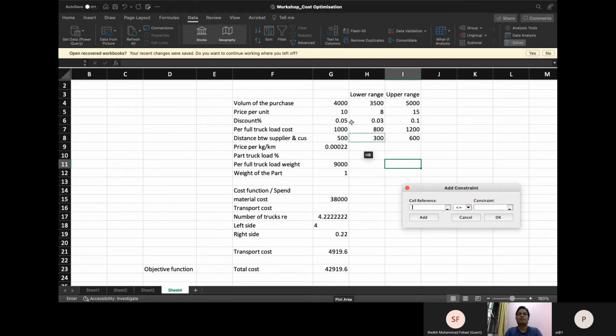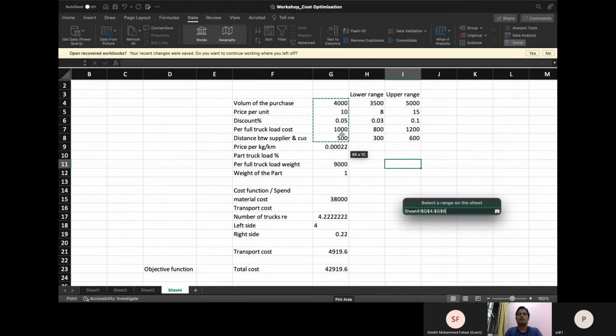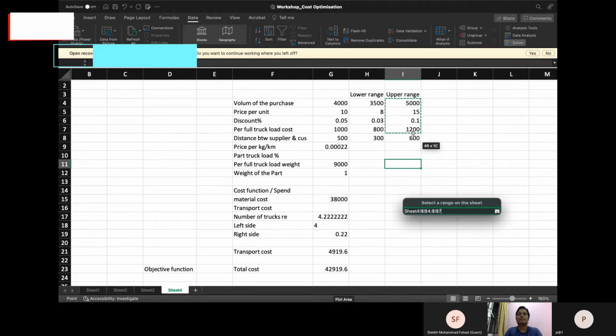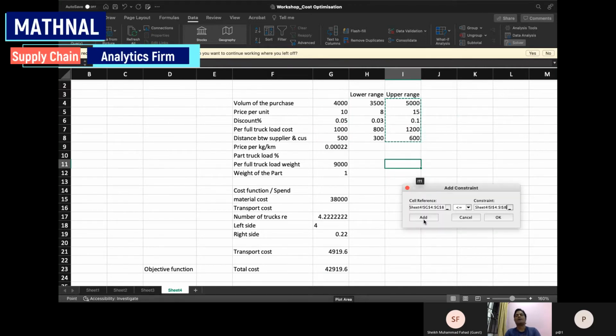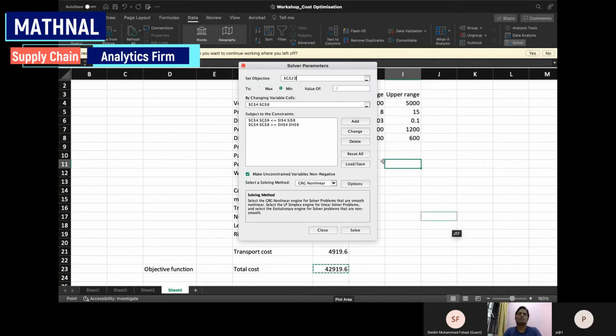Add. This all should be less than or equal to the upper range. Add. We have done our definition of our boundaries.